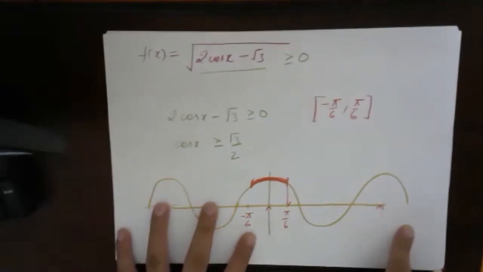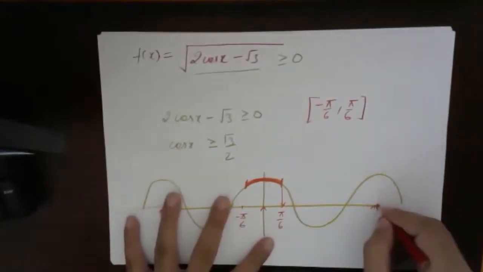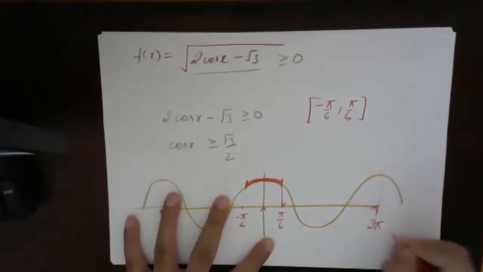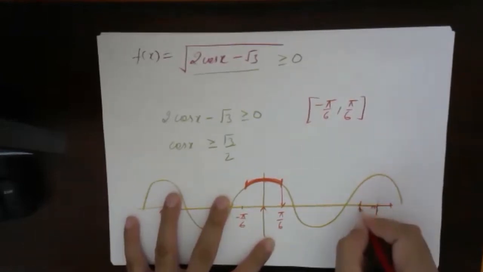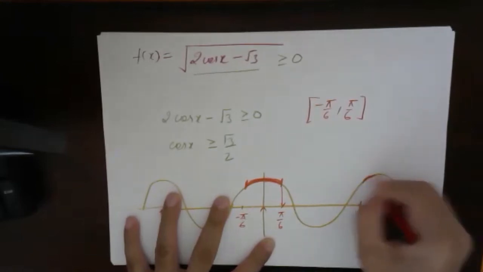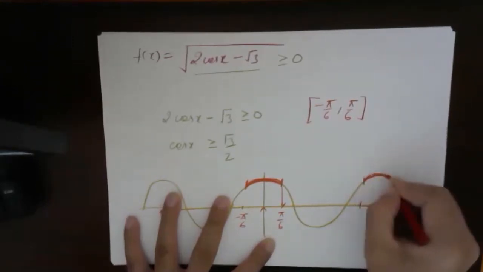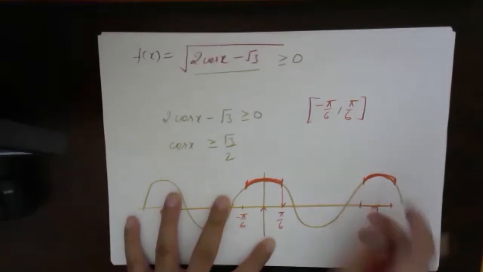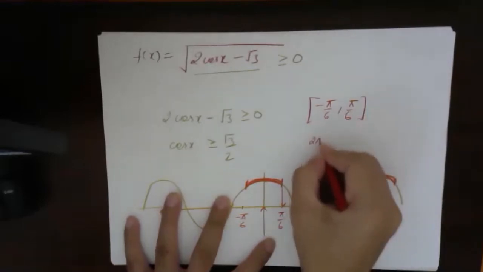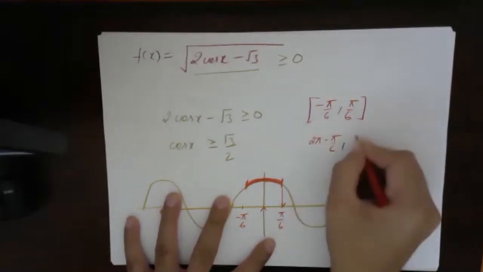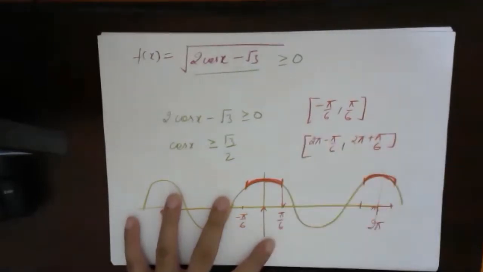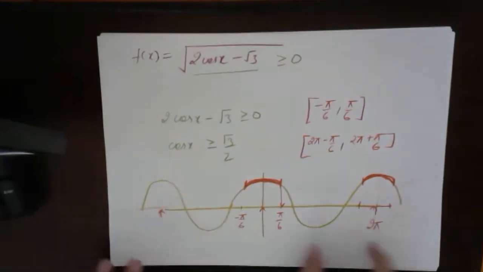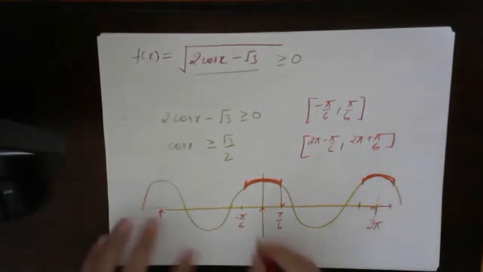Now next one, again here it will be 2 pi. From 2 pi, on the right side I have to move pi by 6, and on the left side I have to move pi by 6, so that I will get again this part. So for this one I will report 2 pi minus pi by 6 comma 2 pi plus pi by 6 close bracket, right?